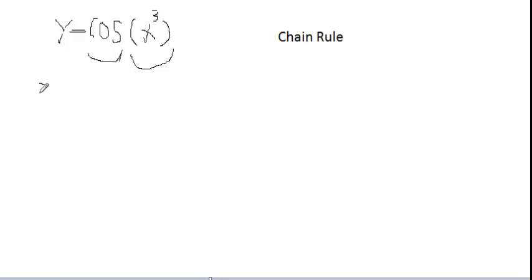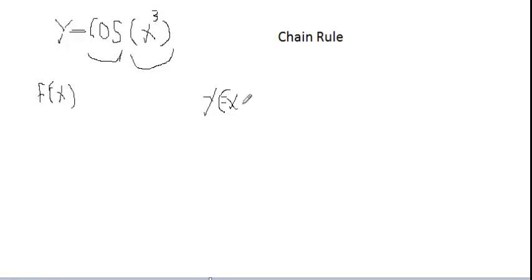Function 1, you can call it any name you want, I'm going to call it f of x. The second function, I'm going to call it y of x. That's going to be the outside.